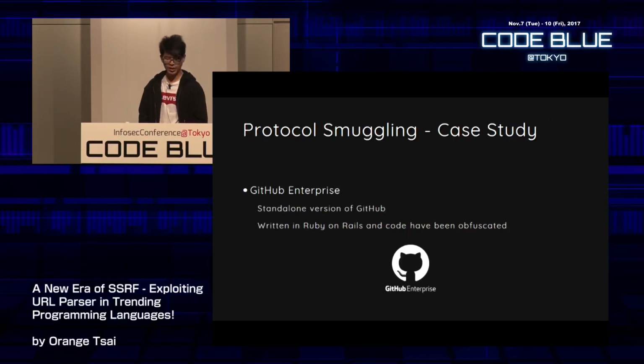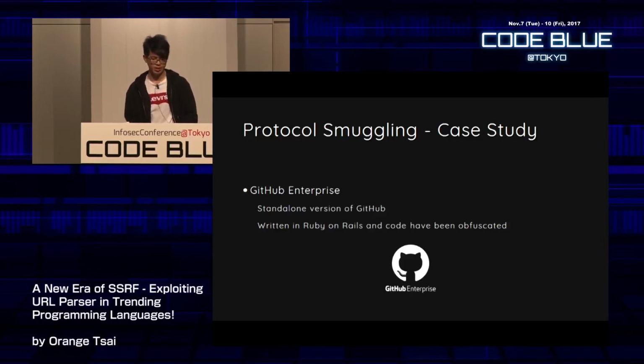Okay, let's see our last case study, GitHub Enterprise. GitHub Enterprise is a local version of GitHub that you can deploy as a whole GitHub service in your private network. Most of the code is written in Ruby on Rails and obfuscated.